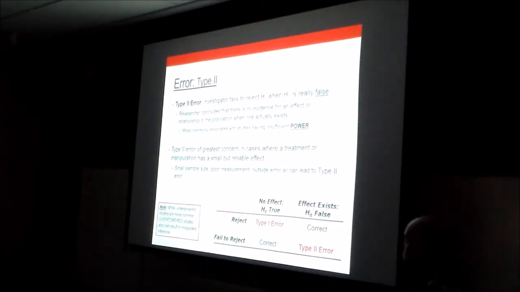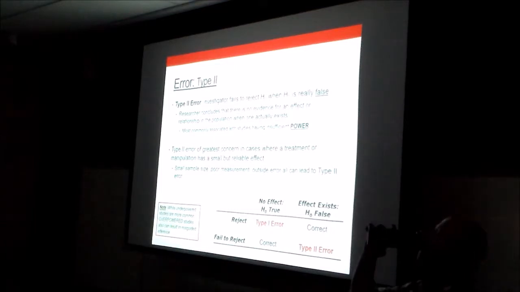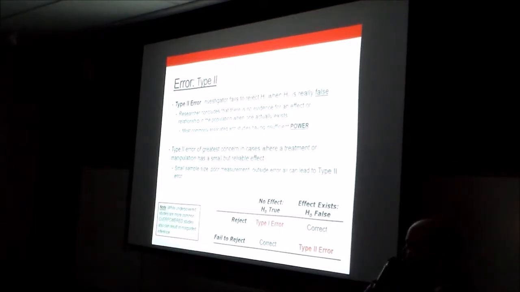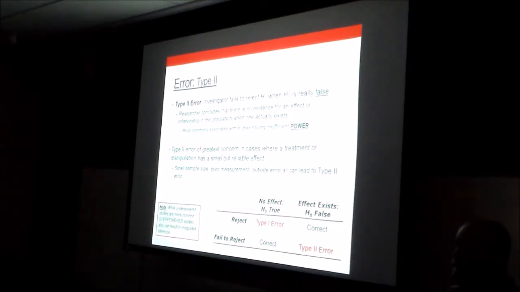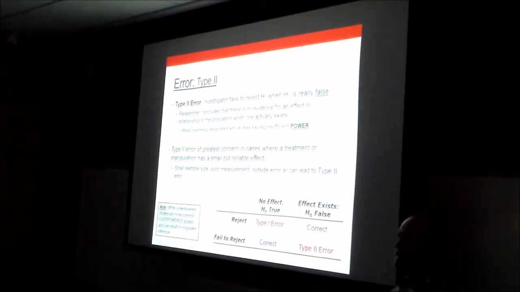But we can also have problems with overpowered studies. When might we be concerned with overpowered studies? What was the question? When might we have concerns that our studies might be overpowered? I think if we have a huge sample size, then any difference between groups would be statistically significant.